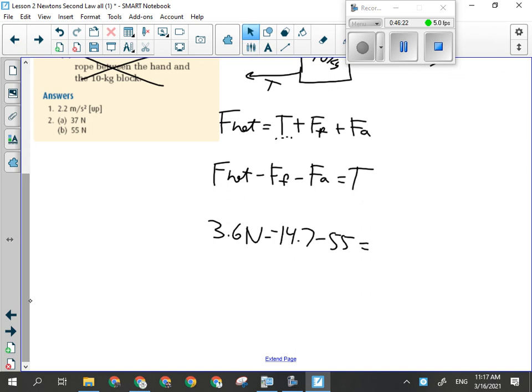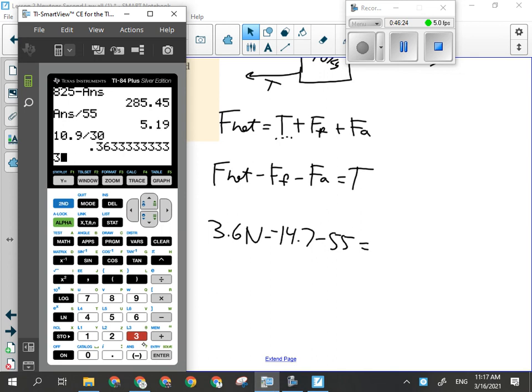So I'm going to have 3.6 plus 14.7, because it's minus negative, and then minus 55. My overall force resisting me from the 20 kilogram box is 36.7 newtons in the negative direction. Everybody all right with that?